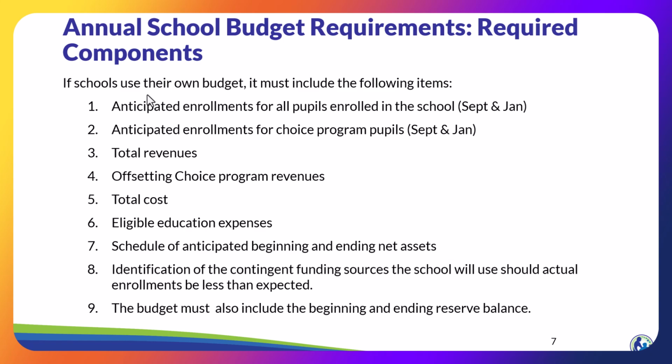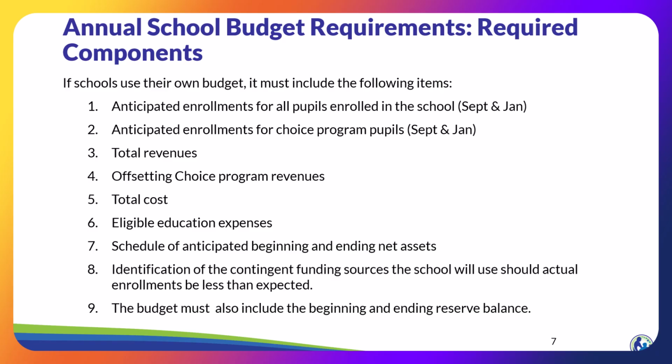The budget must include a schedule of anticipated beginning and ending net assets. The budget must also identify what funding sources the school will use if the school's actual enrollment is less than expected. These must be funding sources that are not already being used elsewhere in the budget.